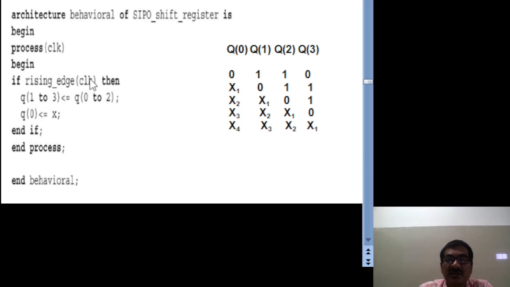Since the operation is right shifting by 1 bit, the statements are q of 1 to 3 is equal to q of 0 to 2, and q of 0 is always the new bit of the x value. Whatever the value of x is, it is loaded into q of 0. So end if, end process, end architecture name. Okay, thank you.